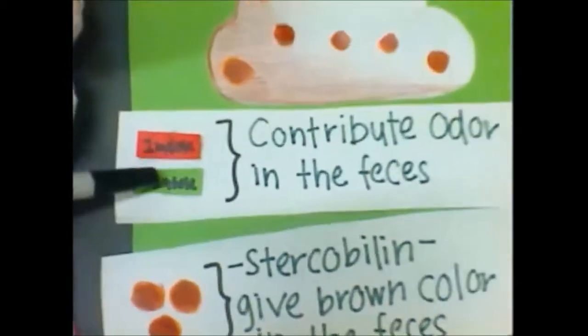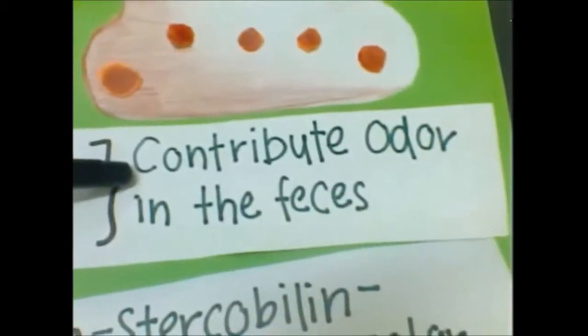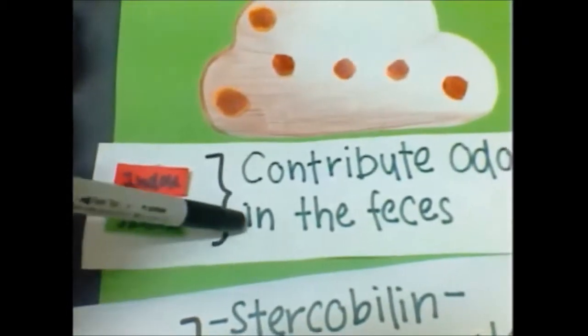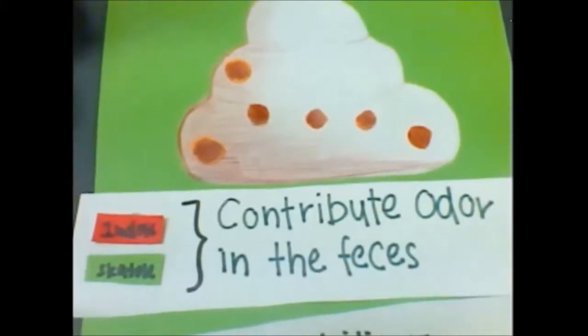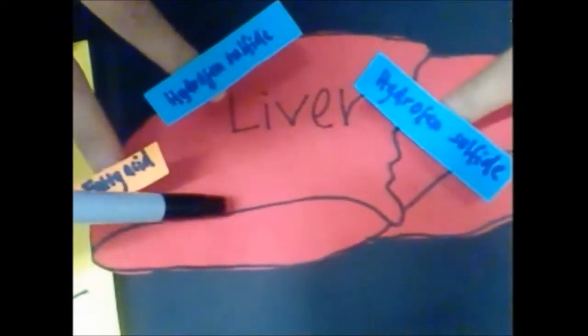Indole and skatole in the feces contribute to their odors. The hydrogen sulfide and fatty acids are transported and absorbed to the liver, then converted to less toxic substances and excreted in urine.